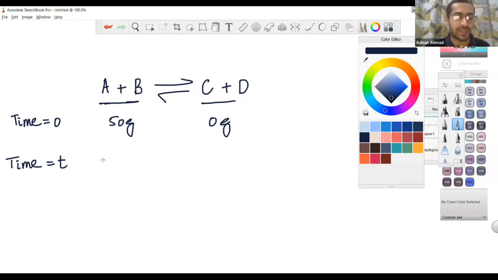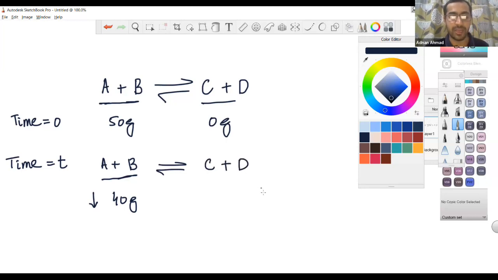What happens is that the concentration of the reactants A and B starts decreasing, right? For example, from 50, it will become 40 grams, and the amount of the products will start increasing, and we will have 10 grams of the products.